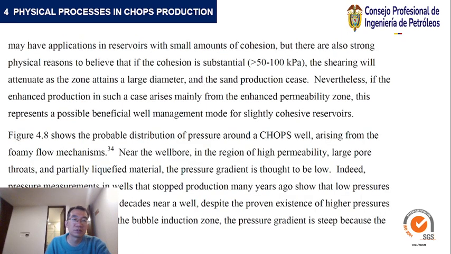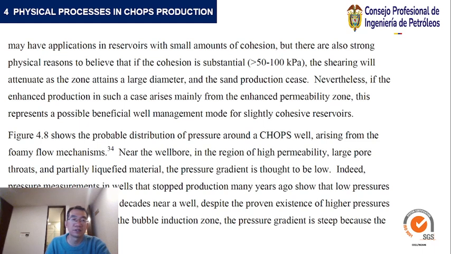CHOPS may have applications in reservoirs with a small amount of cohesion, but there are also strong physical reasons to believe that if the cohesion is substantial, the shearing will stop as the zone attains a large diameter and the sand production ceases.